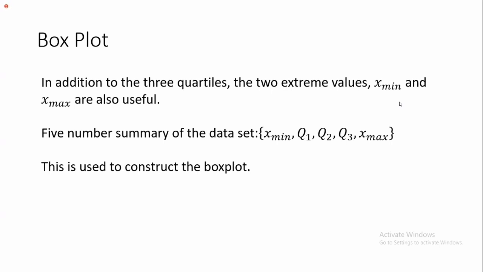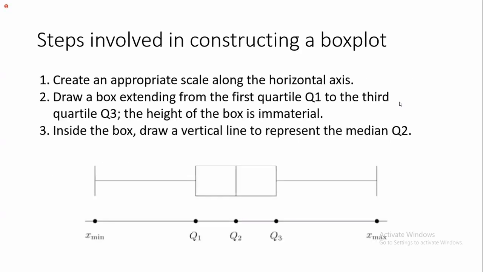First, I will show you a box plot drawn for a particular data set. I know you are familiar with this box plot. So this is how we draw a box plot when we have a data set. First, we need to create an appropriate scale along the horizontal axis.